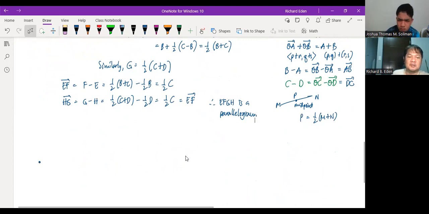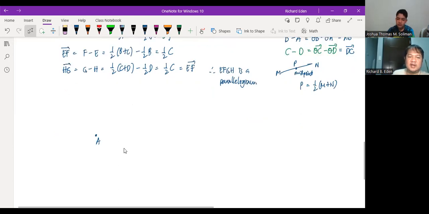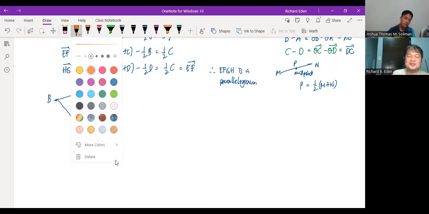So kunwari, A, and then andito nung B, and then andito nung, hold on, maybe I need a little bit of space. Okay, let's say here is where we have A, and then B is here, and then C is there, and then andito si D. Okay, so parang A, B, C, D. All right, and then let's follow the same notation.